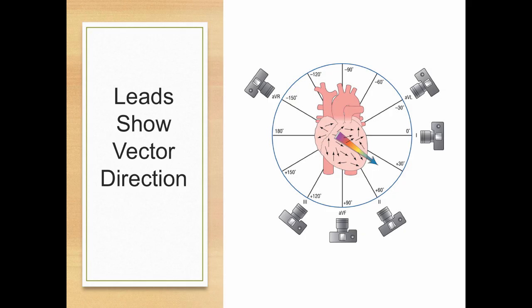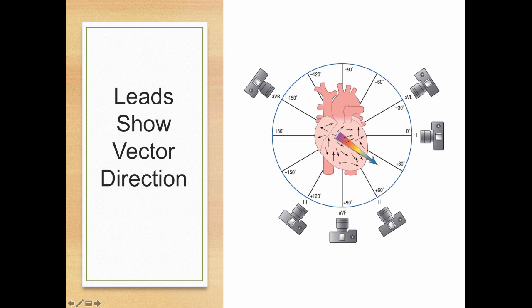Here's our two-dimensional diagram, and with each lead, all 6 of our limb leads, we have different windows. So we're looking at these windows and looking at this electricity, and we see, in lead 2, let's say, or lead 1, electricity should be flowing down and to the left here. So it should be positive in lead 1, lead 2.